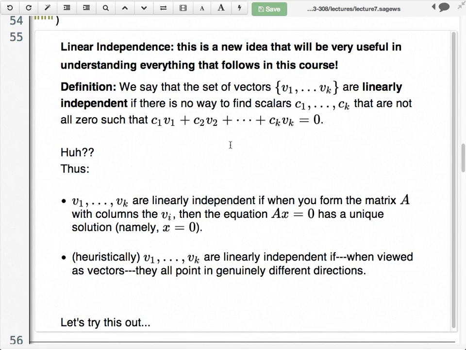Minus 5 times v1 plus v2. What's that equal to? 0. Because minus 5 times that is minus 5, plus 5 you get 0. Are the coefficients, which are minus 5, that's what c1 is, and c2 is 1, both 0? Rhetorical question, they're obviously not, so these vectors are linearly dependent.